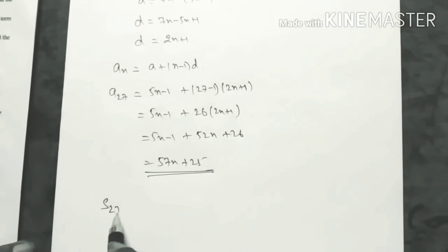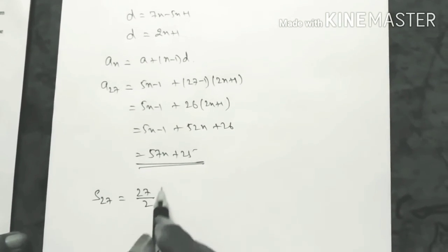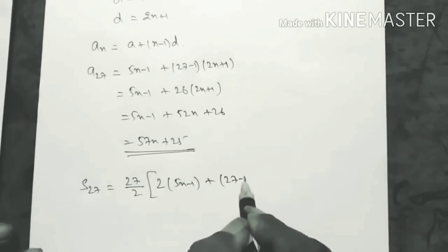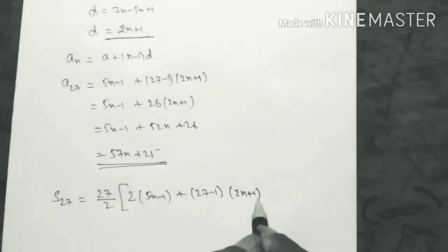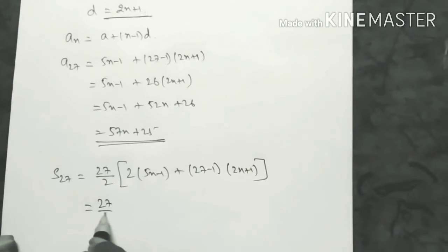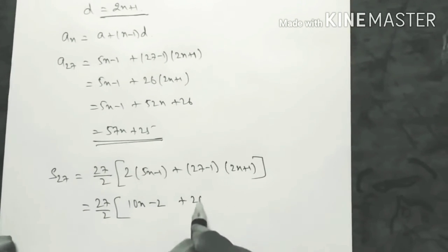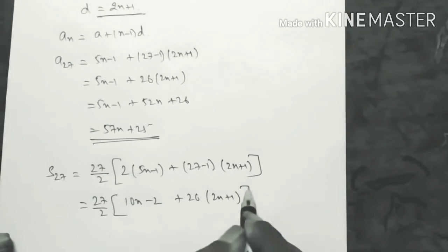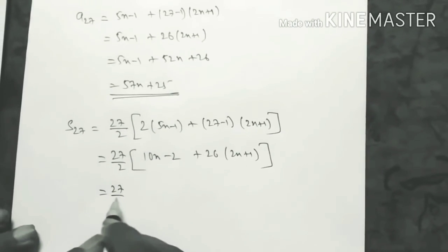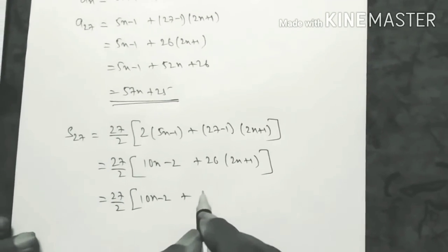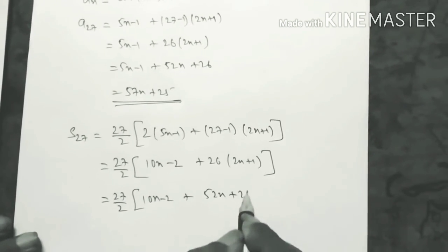Now S27 is equal to 27 by 2 into bracket 2 into your a, which is 5n minus 1, plus 27 minus 1, and this is your d, that is 2n plus 1. So this becomes 27 by 2 into 10n minus 2 plus 26 into 2n plus 1. Now 10n minus 2 plus 52n plus 26.